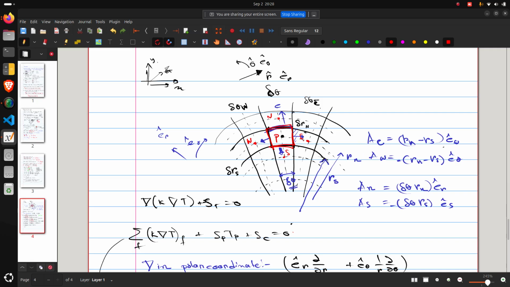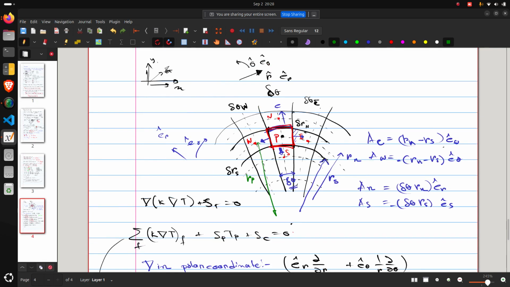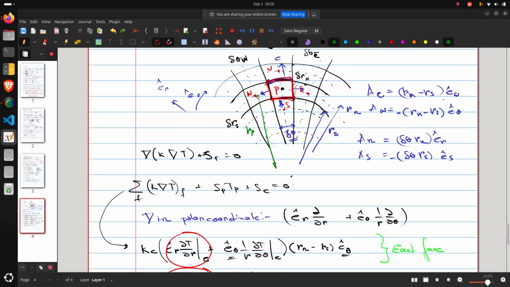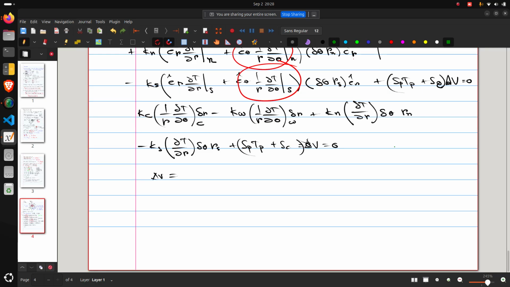So we can assume that this distance is nothing but r of p. Okay, we can just assume that delta r is very small, and we'll take it to be sort of a square shape. So what will be this value?